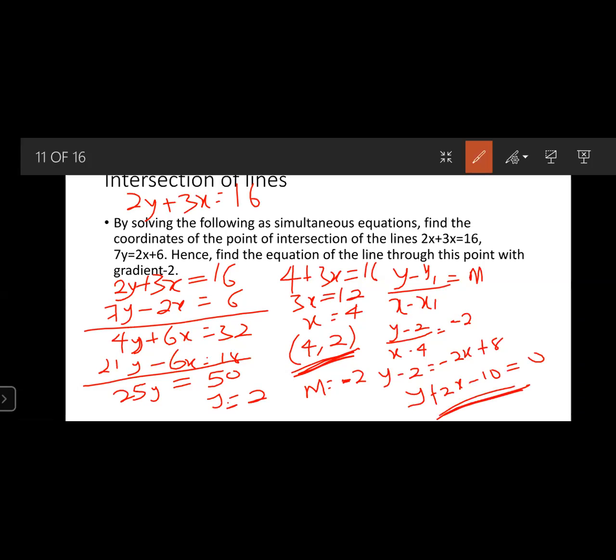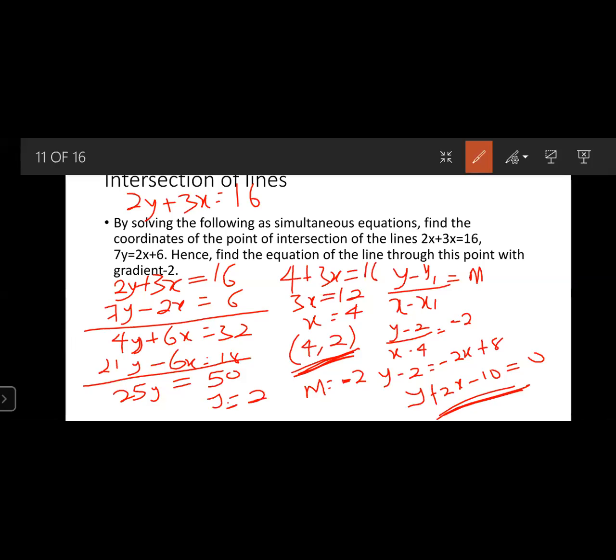So you can leave it like this. If you like, you can leave it as y plus 2x equals to 10. If you like, you can also put it as y equals to what? Minus 2x plus 10. So that is how we can solve that question.